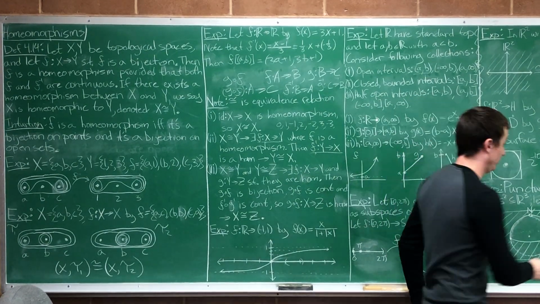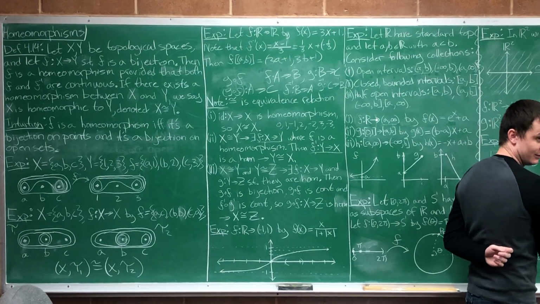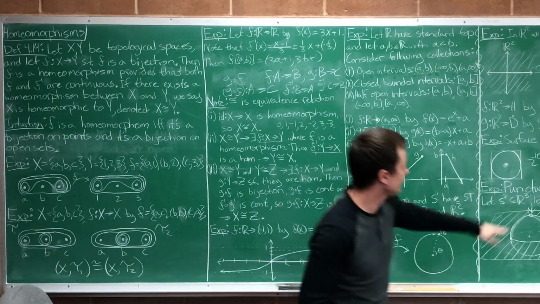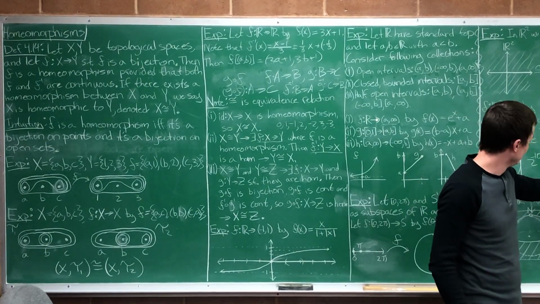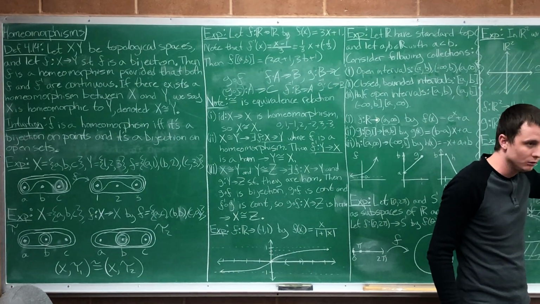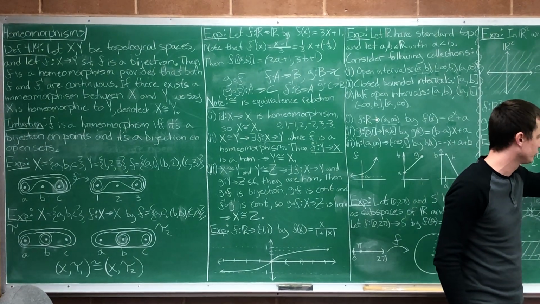This is the multiplicative inverse of this. Okay. So notice that as we plug in larger and larger negative numbers, we get closer and closer to 0. And as we plug in larger and larger positive numbers, we get closer and closer to infinity.